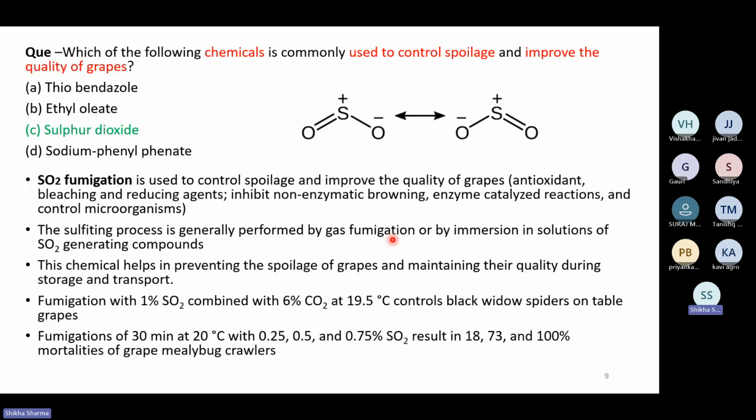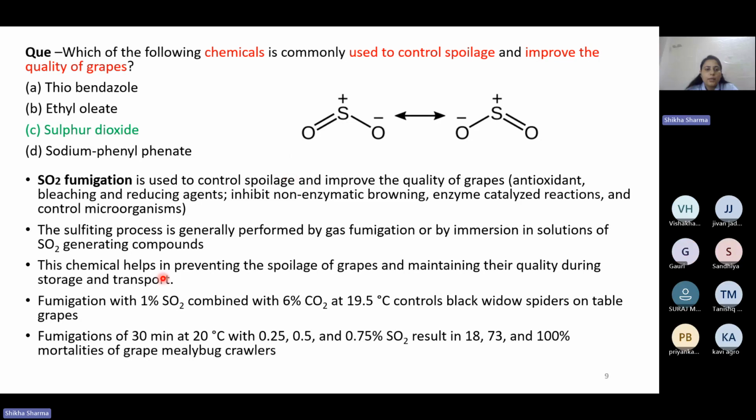Either gas fumigation, or there will be a bath containing some SO2 generating compounds, and the grapes or any targeted fruits or vegetables are immersed in that bath. This chemical helps in preventing the spoilage of grapes and maintaining their quality during storage and transportation.